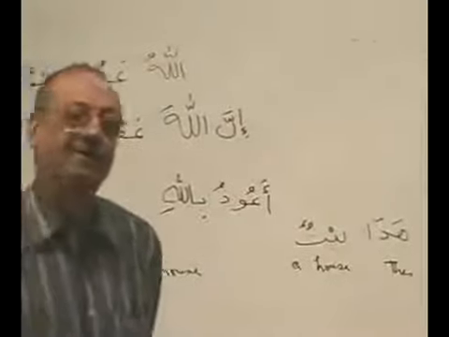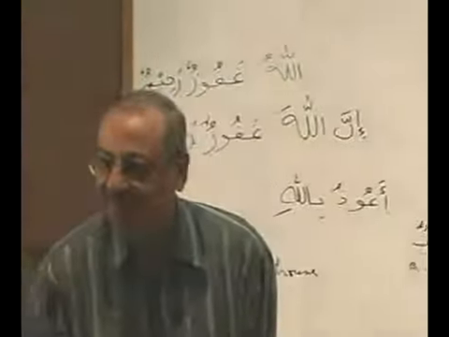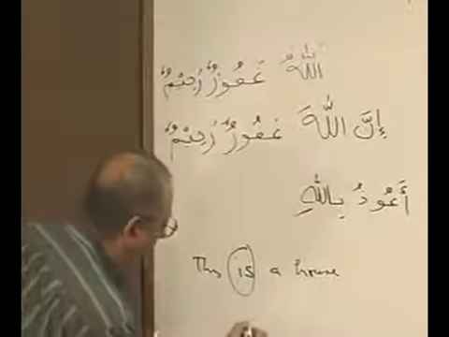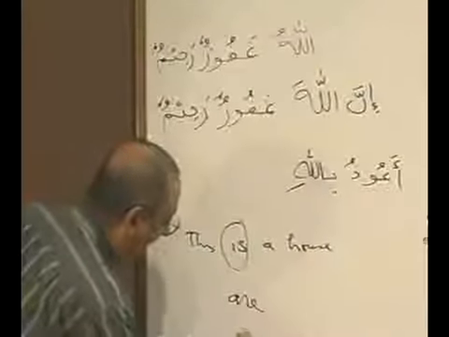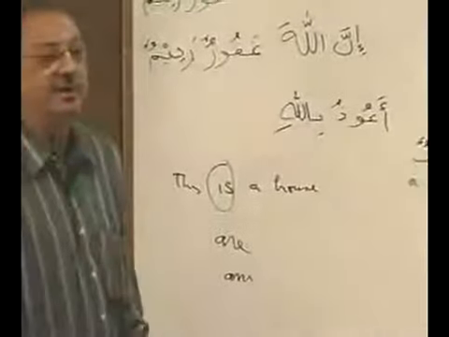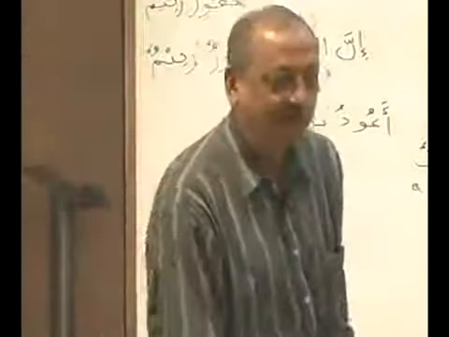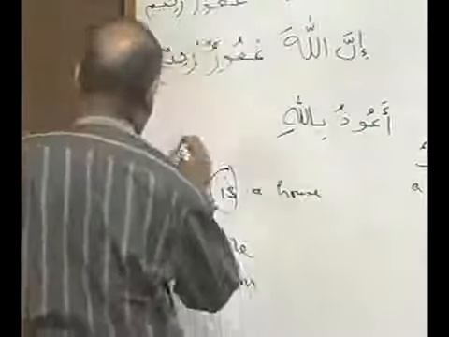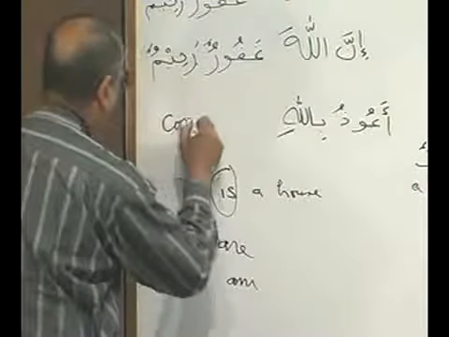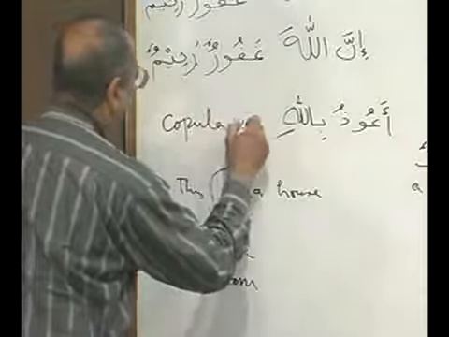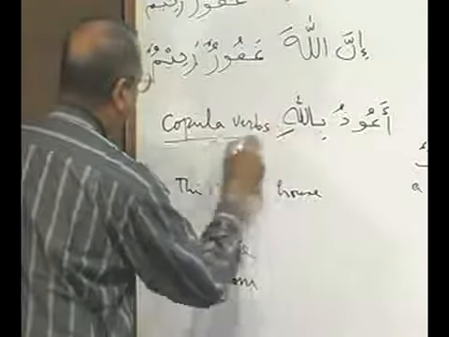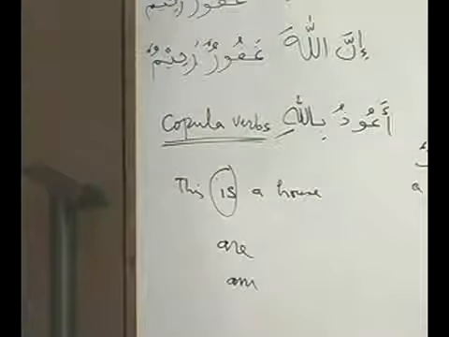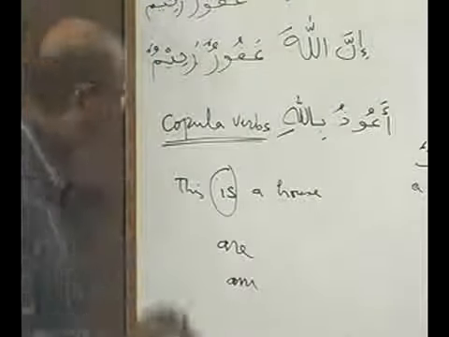Okay, we go to English grammar. Is, are, and am, these are linking verbs. In English, we call them copula verbs. They are intransitive verbs, but I will not go into detail on that.